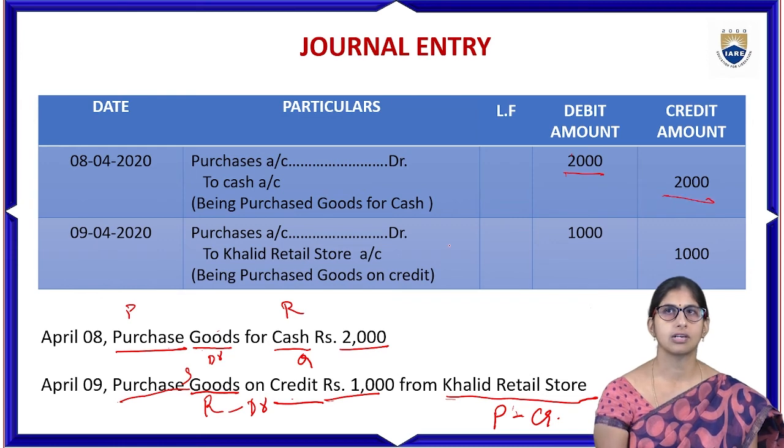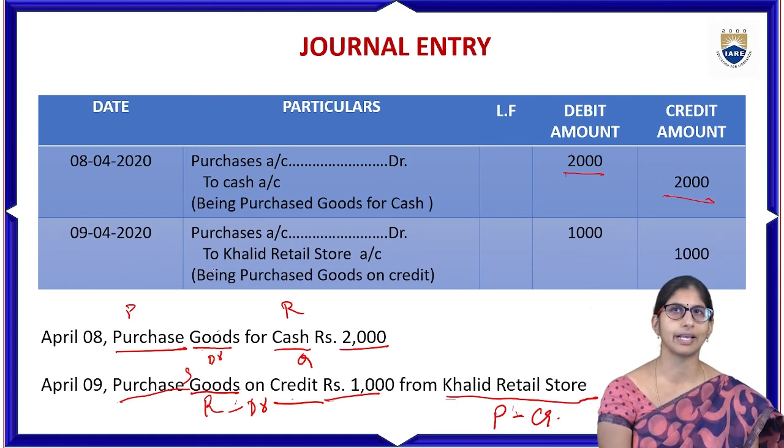Now coming to the next transaction, that is purchased goods on credit 1000 rupees from Khalid retail store. As we discussed, instead of goods we should write purchases. Again we'll have purchases account debit to Khalid retail store on the credit side.